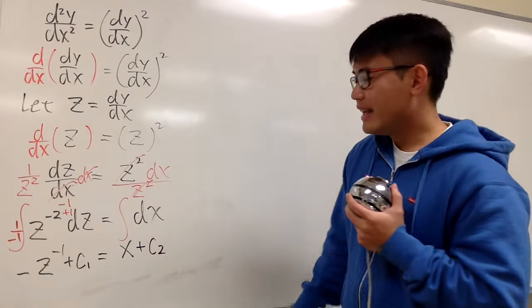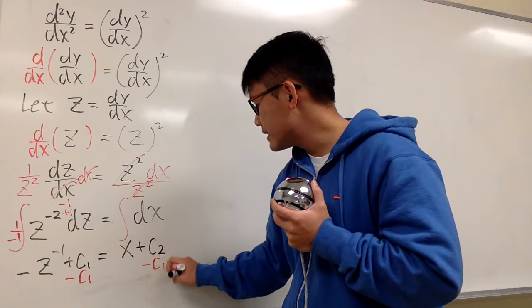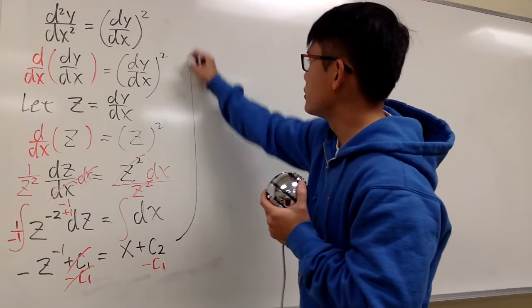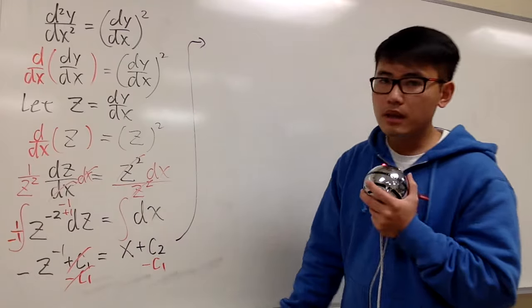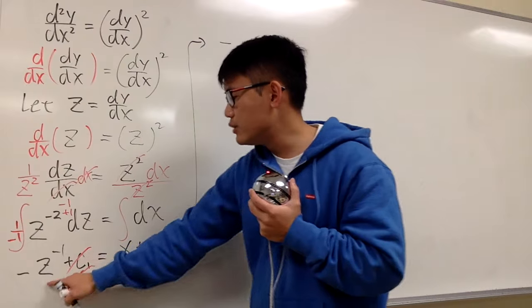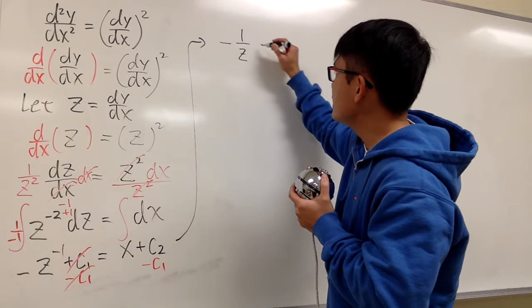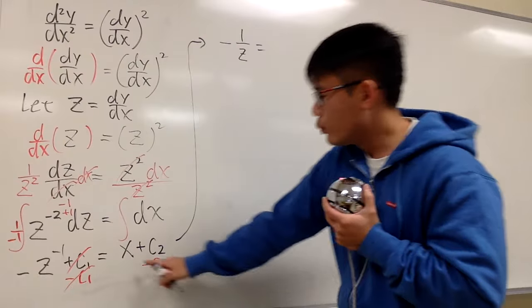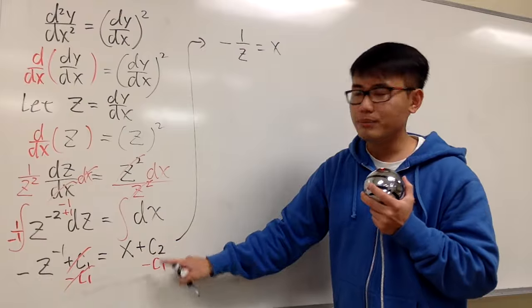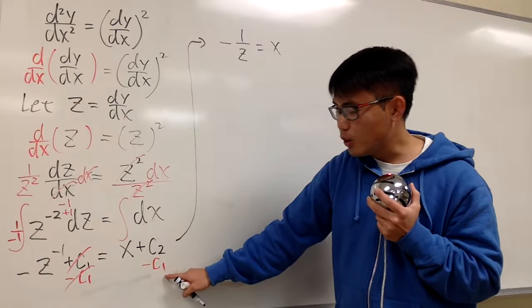Okay? Next, I would like to just subtract c1 on both sides, so that this and that will cancel. And here is the fun part. On the left-hand side, we have negative z to the negative 1 power. That's the same as 1 over z, right? And on the right-hand side, we have x, and here we have c2 minus c1. c2 is a constant, c1 is also a constant.